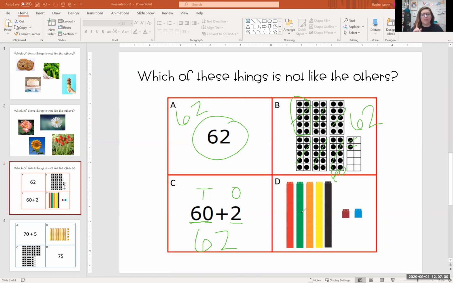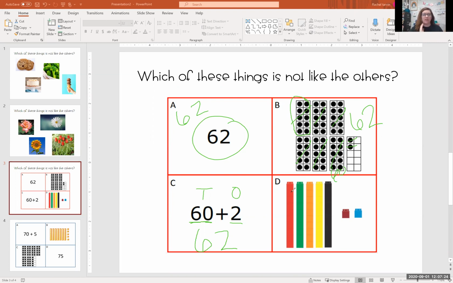So that means this one is definitely different, right? You're right. I got to show my work. Even if it comes down to the last one, make sure you still show your work. So let's count. What are these things? These are cubes stacked up on top of each other into a tin rod. So when we make a stack and turn it into a tin rod, it's worth tens.